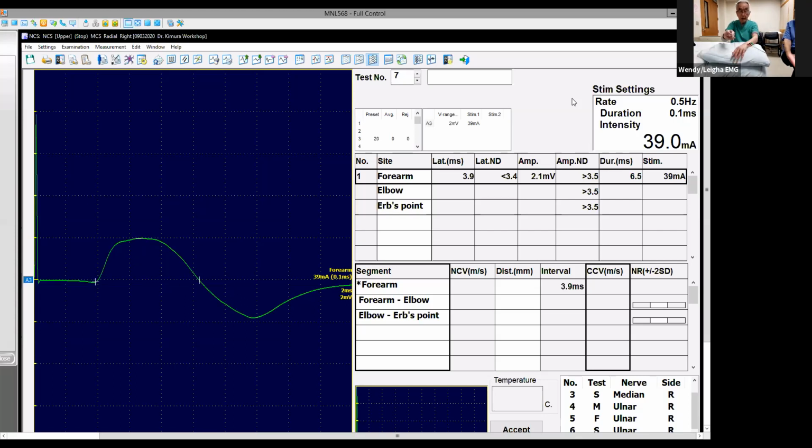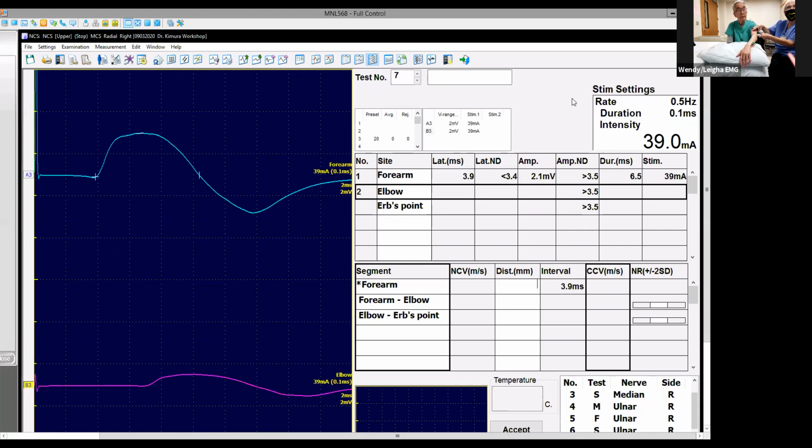And then you go to here. Can you stimulate here? And then you go to the arm. Yeah, that's good. So radial nerve is difficult to do. Of the three motor nerve conduction studies, radial is the most difficult.